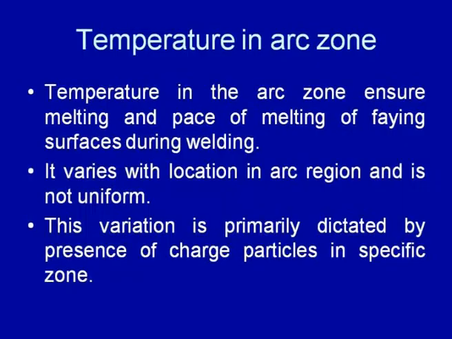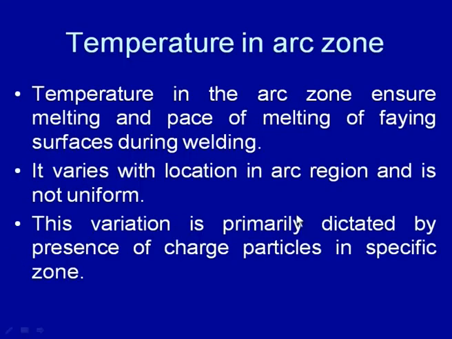We know that the temperature of the arc is important because it ensures the melting of the faying surfaces. If the difference in temperature of the base material and the arc is not much, then it will make the melting of the material difficult, especially refractory materials. Therefore, the temperature of the arc zone is important, as it ensures the melting as well as the speed at which the faying surfaces can be brought to the molten state during the welding.